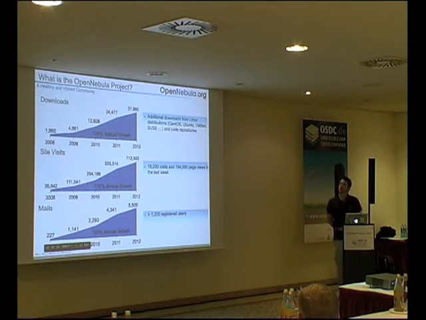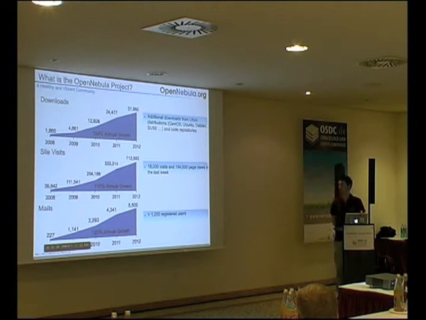Okay, so this is some data on the project and the software as well. So you can see the nice graphics saying that the community is healthy and the interest in OpenNebula is starting to grow fast. For instance, there are over 1,000 registered users in the mailing list.